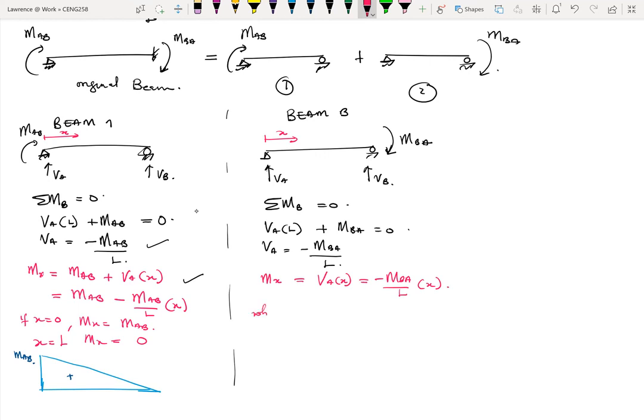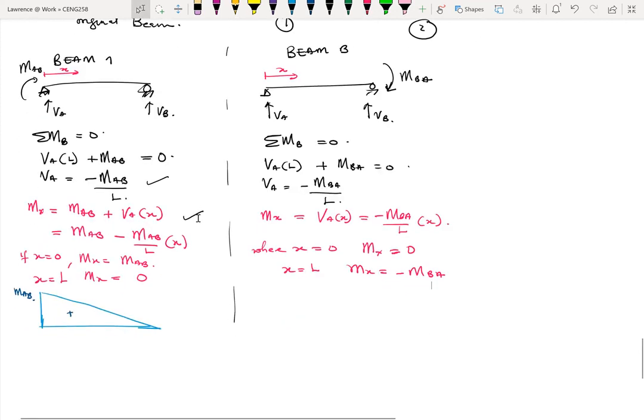That's where X is equal to 0, our moment at that particular point will also be 0. And then where X is equal to L, our moment at that point will be equal to minus MBA, which means that our bending moment diagram for the second beam would be a negative diagram. So this is negative, and the value here would be MBA.